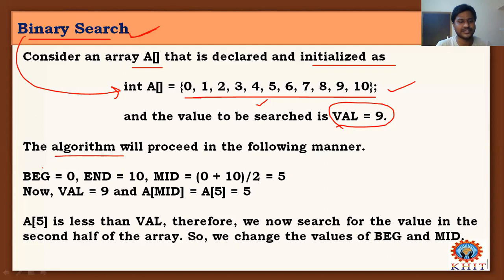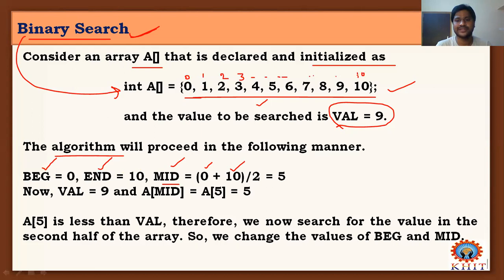Initially we take the beginning index as 0, the ending index as 10 here. And the mid value we calculate based on the lower index and higher index of the array. Why? Because here there are a total of 11 elements: 0 index, 1 index, 2 index, 3 index, and up to 10 index.